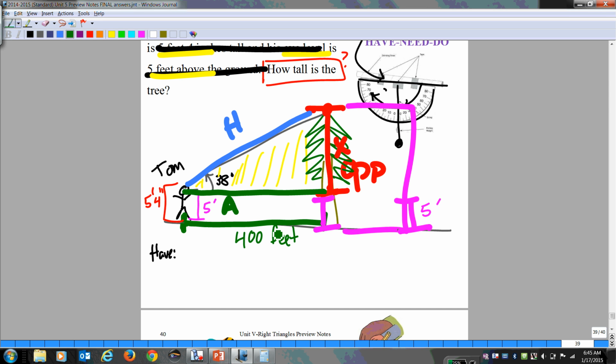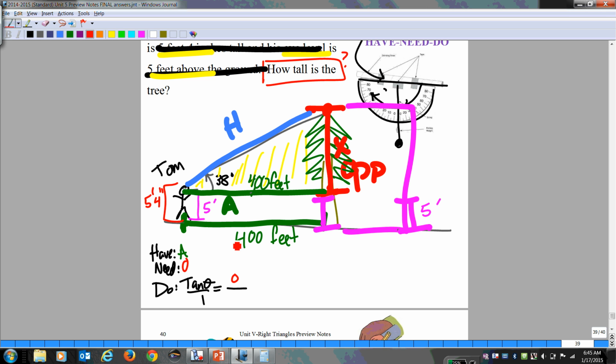Technically we have the adjacent because this creates a rectangle. That means we can pull this 400 feet here. We have the adjacent. We need the opposite. That's an OA. So we're going to do tangent.